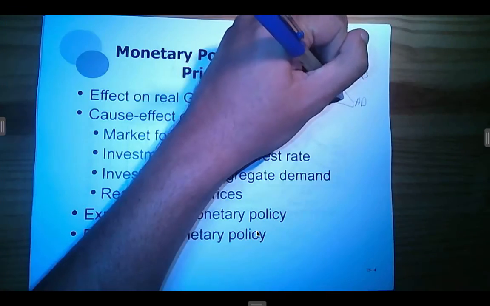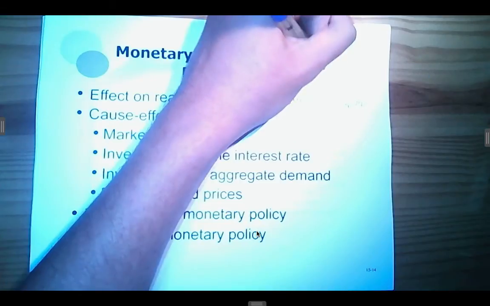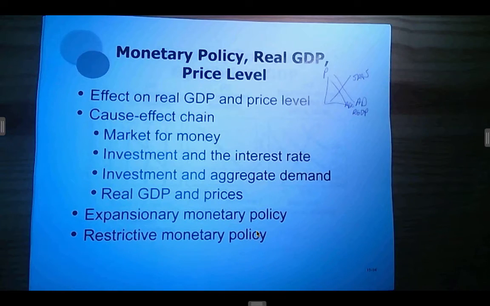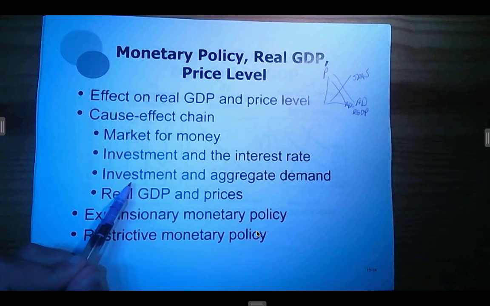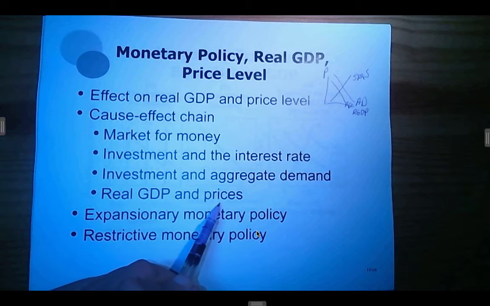By me changing the AD curve, I'm now changing the overall price level and I'm changing the overall real GDP levels. And that triggers other events, such as investments changing because the interest rates are changing. As investments then change, that changes aggregate demand, which changes real GDP and the prices.